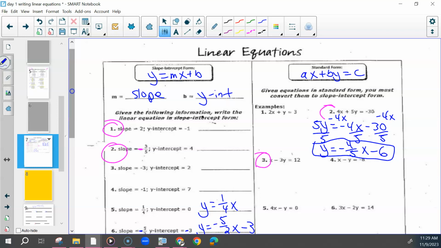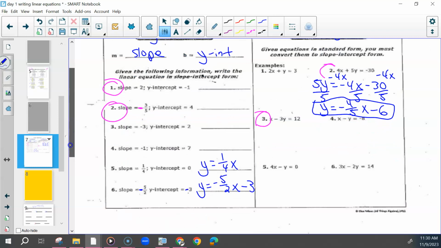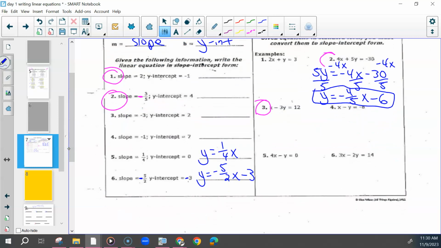Are there any others in that section we want to go over and have questions about? 3. Makes sense. Oh, Jackson. Okay, 3. Any others? Okay. So for 3, what would be our first step? Subtract x from both sides.